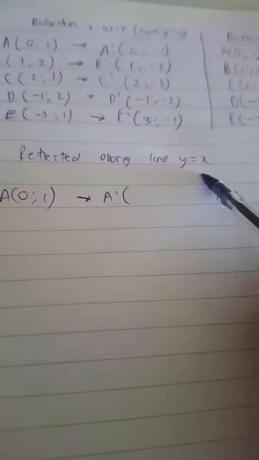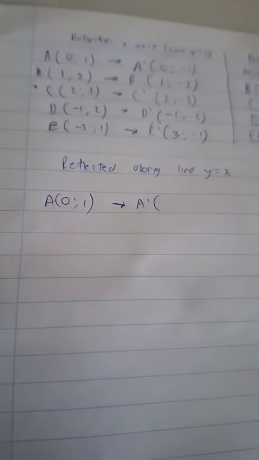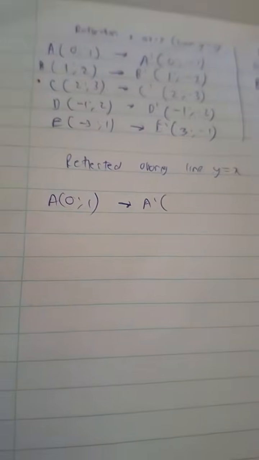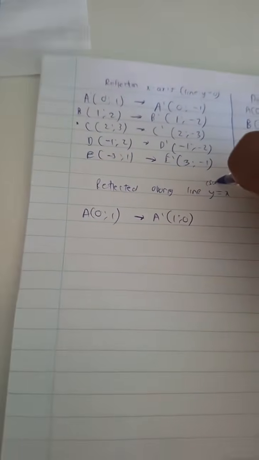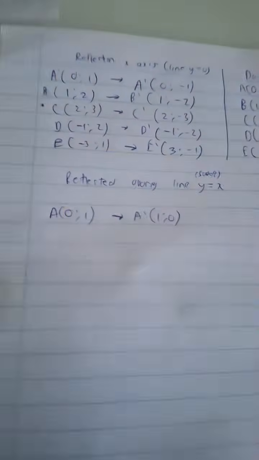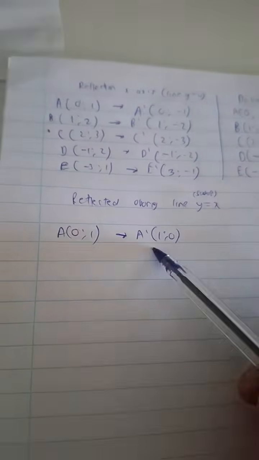Remember, what do we mean by reflection along the line y is equal to x? Yes, Megan? Yes, super not angel. You guys are 100% correct. Here we swap. We swap the x and the y so that we get the image of the point.